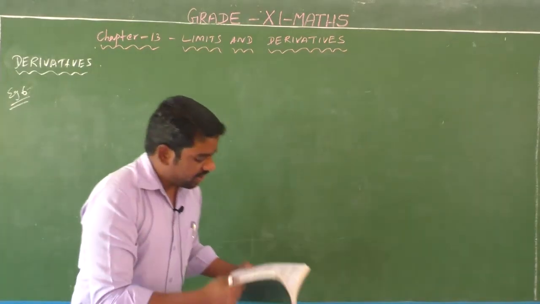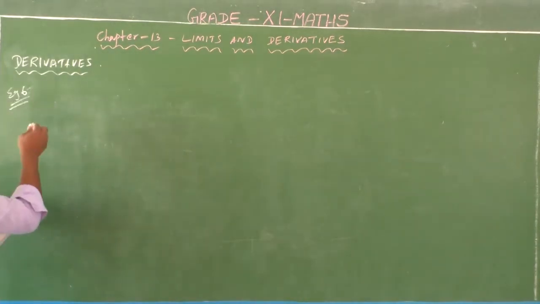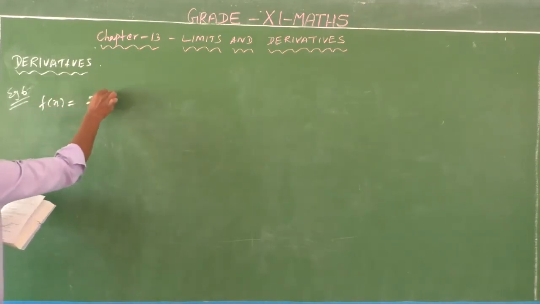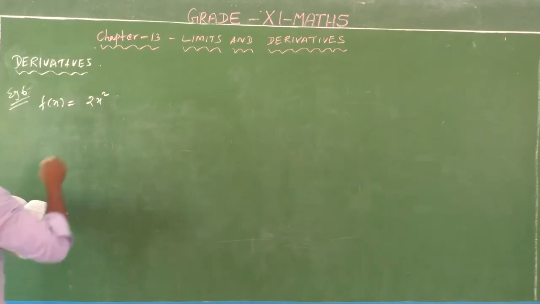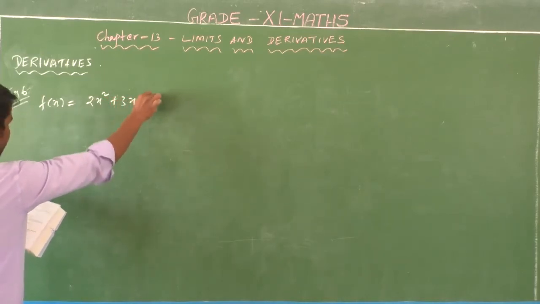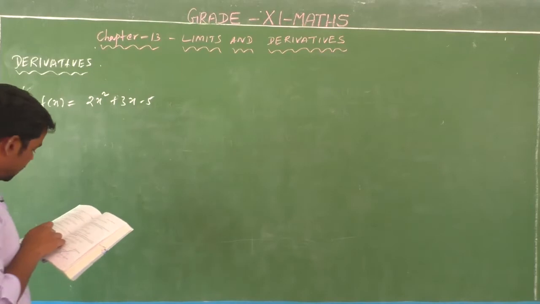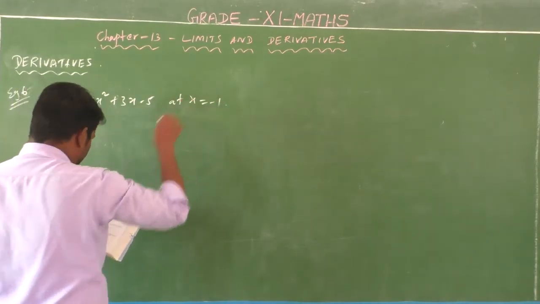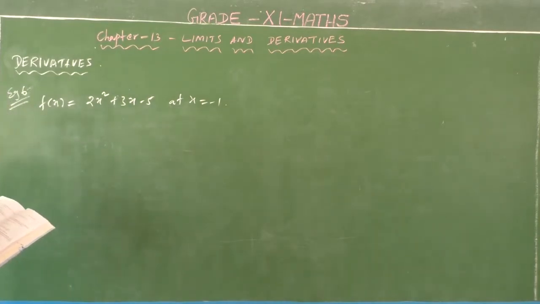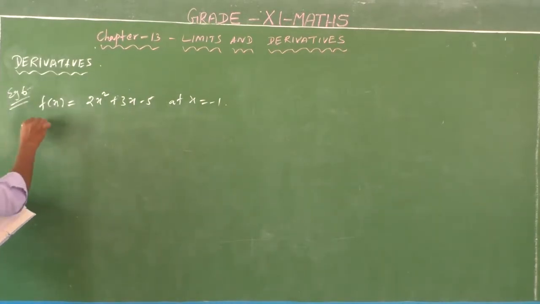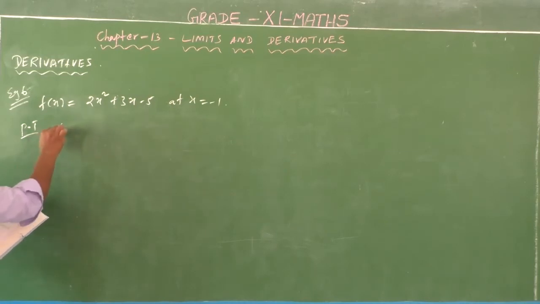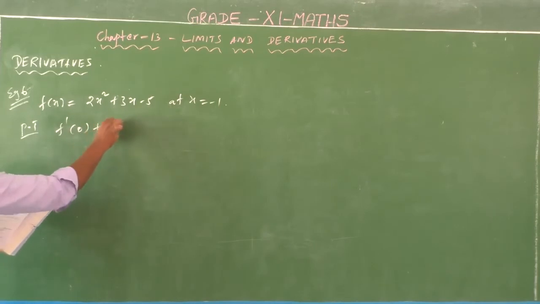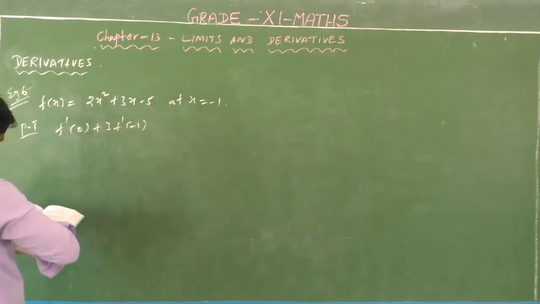Find the derivative of the function f of x equal to 2x squared plus 3x minus 5 at x equal to minus 1. Also prove that f dash of 0 plus 3 f dash of minus 1 equal to 0.